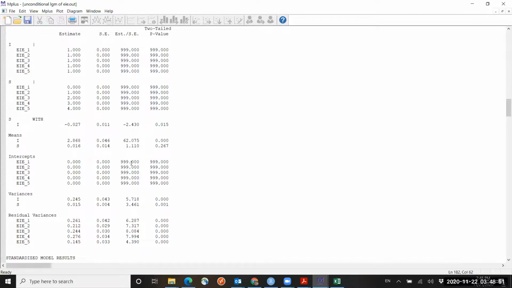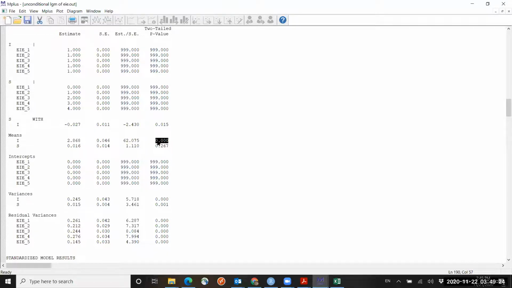Okay. Now, in latent growth models, a lot of times we do look at the unstandardized solution first, because a lot of times you're interested in the mean of the intercept and mean of the slope. So here, the mean of the intercept shows that the mean initial status on ethnic identity exploration is 2.868, and that's statistically significant.